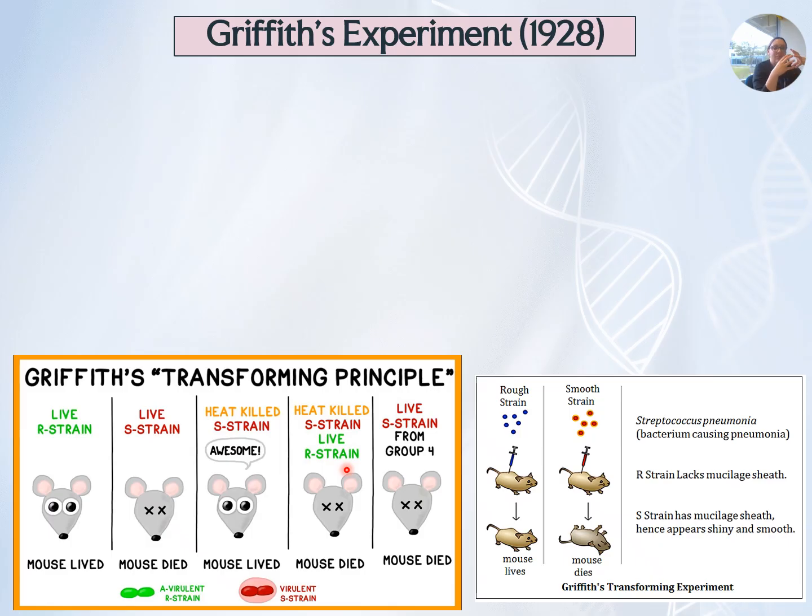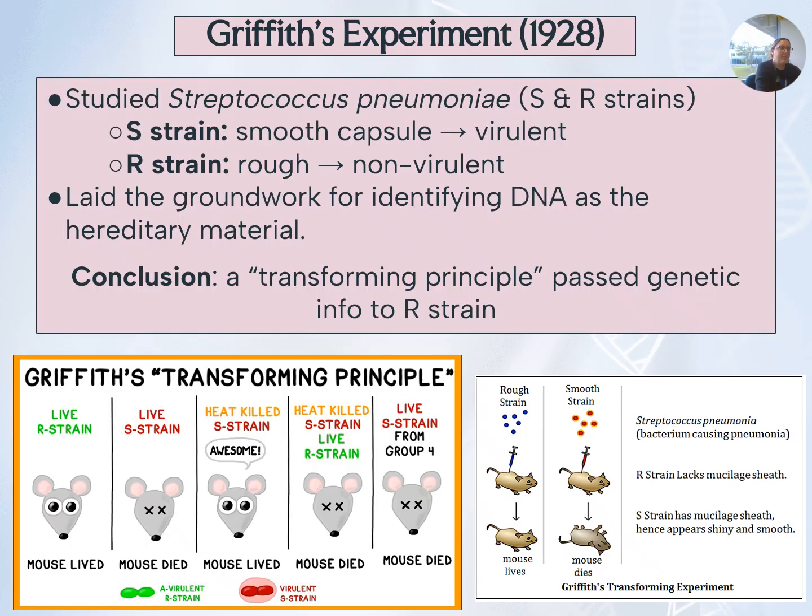So the S strain broke down and the R strain swallowed up basically the plasmids. So now the R strain is virulent because it took that genetic information from the S strain. Griffith didn't know all that, but he did notice that after heat killing the S strain and then putting it with the R strain, that R strain became virulent. So he knew that something was passed, but he didn't know what was passed.